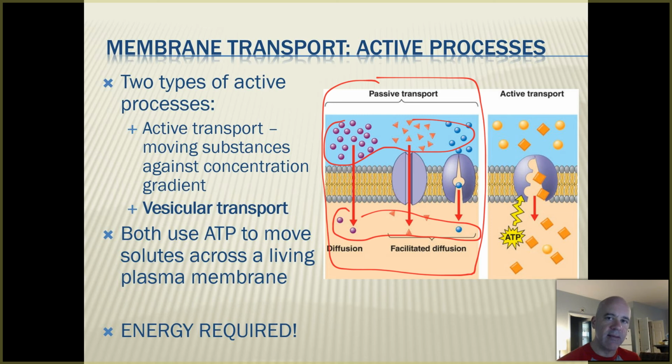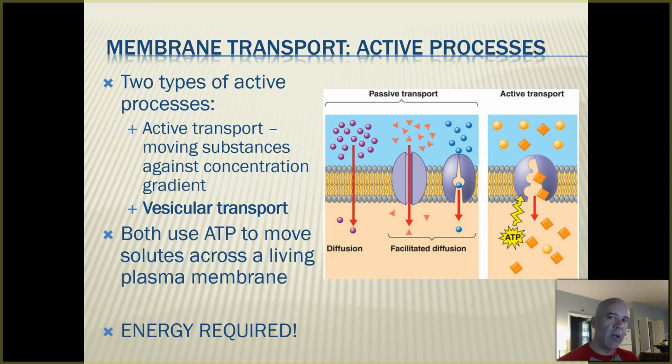If you have proteins that are helping that out, that's called facilitated diffusion because they're moving the way that they naturally would want to diffuse. And I don't want you guys to think that that only happens from outside to inside. Cells also move things from inside to outside when they need to because they have to maintain that stable internal environment.